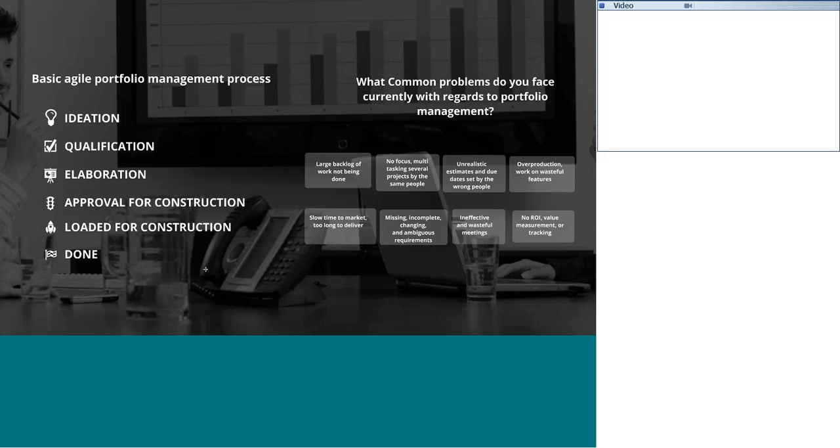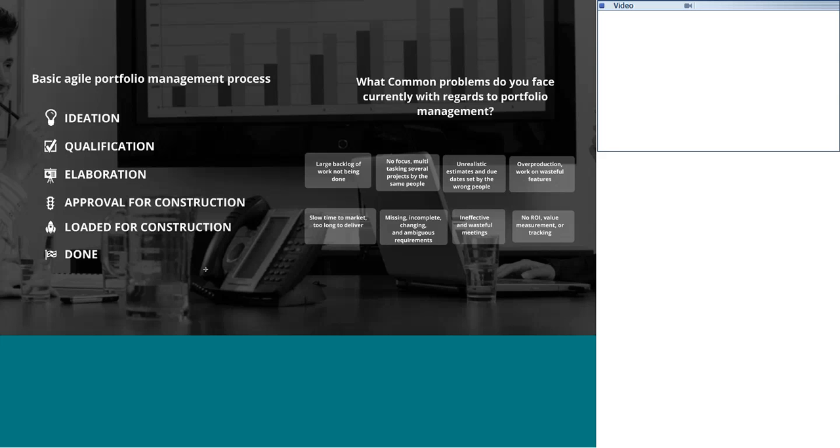In front of you, you can see a slide which tells you the common problems you face currently with regard to portfolio management. These are the set of questions any organization can face in this area. When we aim to manage these and still have effective portfolio management, Jira and Confluence can be the best helping hands to automate the monitoring and tracking, as well as to provide supportive tools for decision making, which can decide the roadmap of the organization.